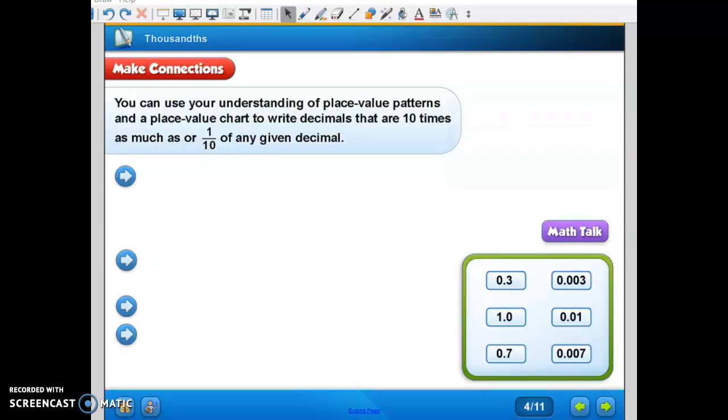Still on page 106, but now we're under the make a connection. It says you can use your understanding of place value patterns and a place value chart to write decimals that are 10 times as much and or 1/10 of any given decimal. Remember at the beginning of the year we did 10 times as much as 10 or 1/10 of 10 or 1/10 of 100.